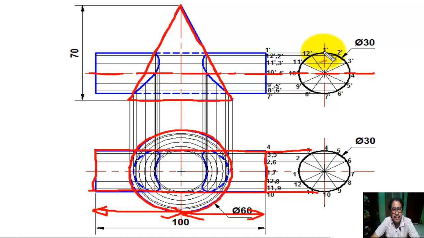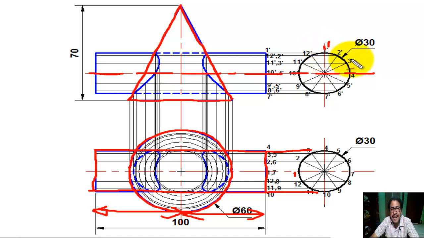Marking starts from this point, this is 1 dash, in line with 1 in the top view. Rotate 90 degrees clockwise.